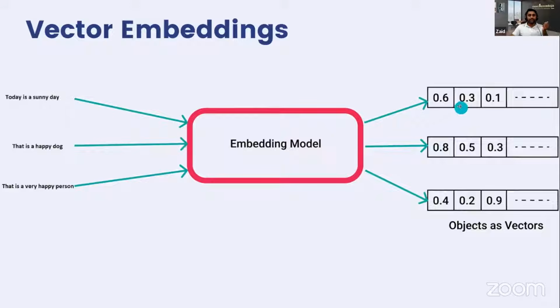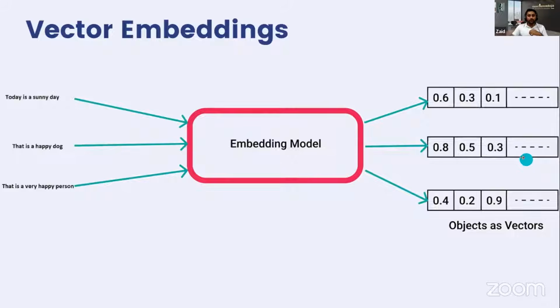This is nothing but an array of numbers. These are the vector representations of these particular sentences. So I have converted each sentence into an array of numbers. These are just vector embeddings. We store these vector embeddings in the vector database.